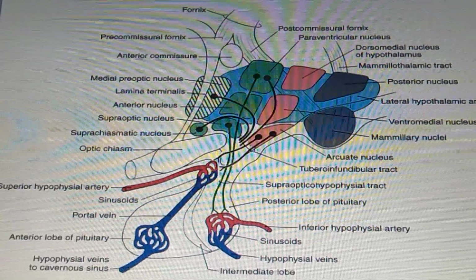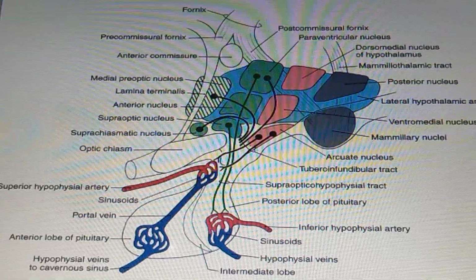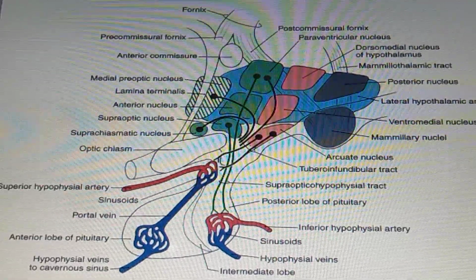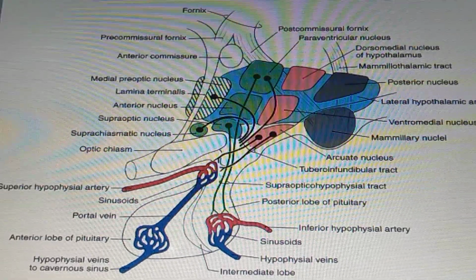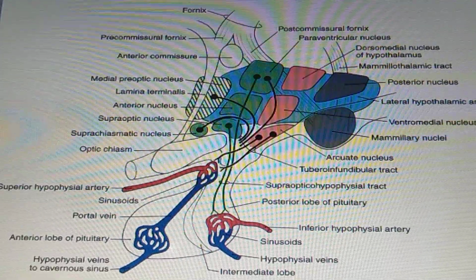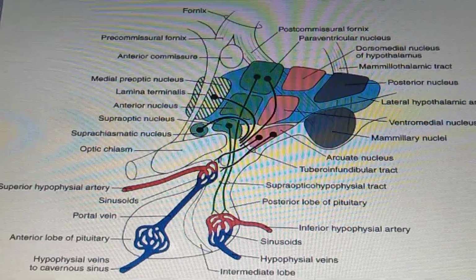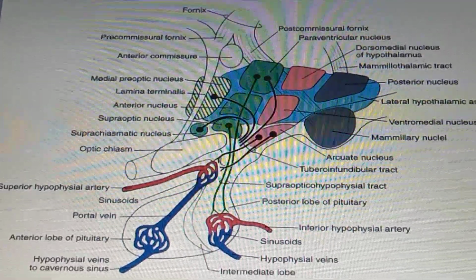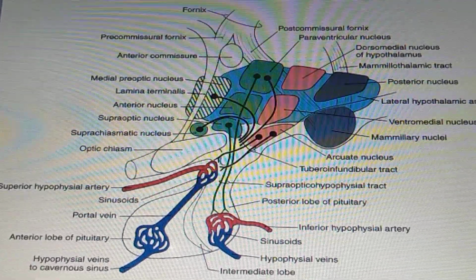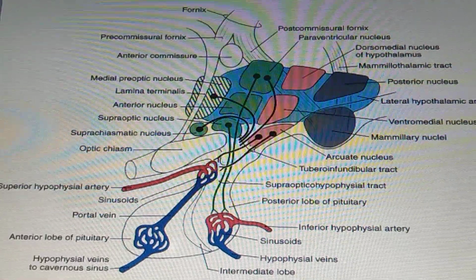Next are the important connections of the hypothalamus. Afferent connections: the hypothalamus receives visceral sensations through the spinal cord and the brainstem, that is the reticular formation. It is also connected to several centers associated with the olfactory pathways, including the piriform cortex, the cerebellum and the retina.